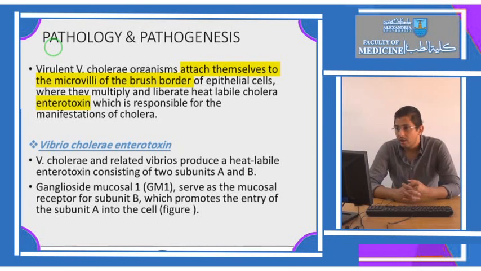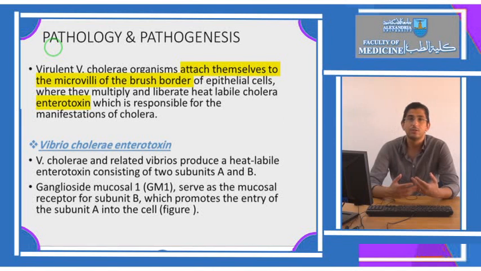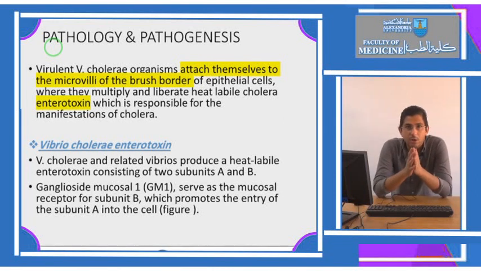The pathogenesis, or the pathology: the main pathology is due to the virulence of Vibrio cholerae. It attains its virulence by attachment to the microvilli on the brush border of the small intestine, and you know that the small intestine has a large surface area for absorption of fluids.